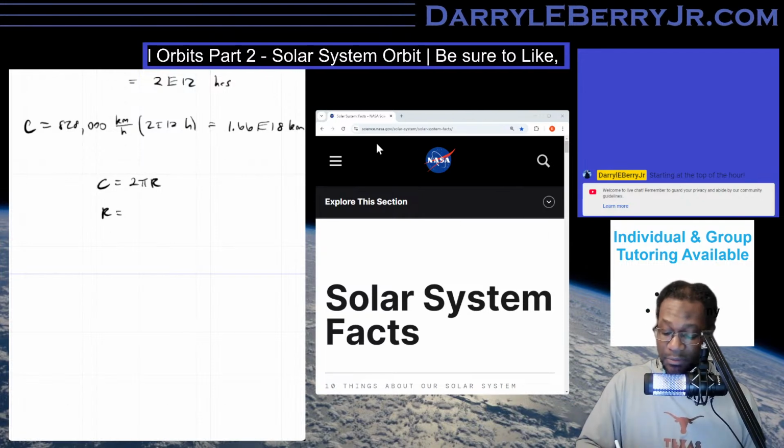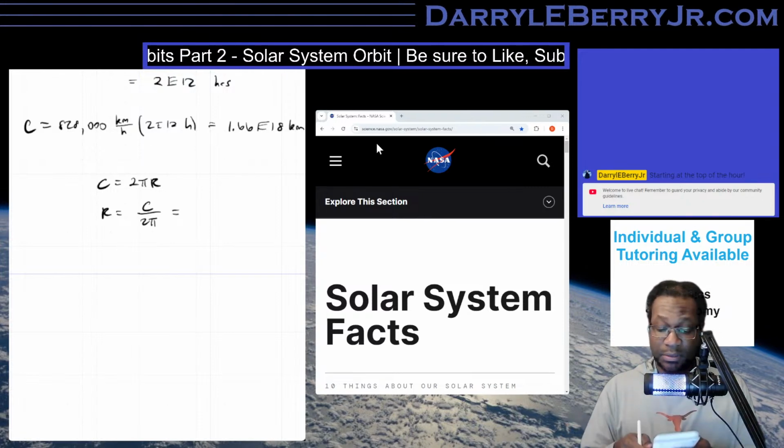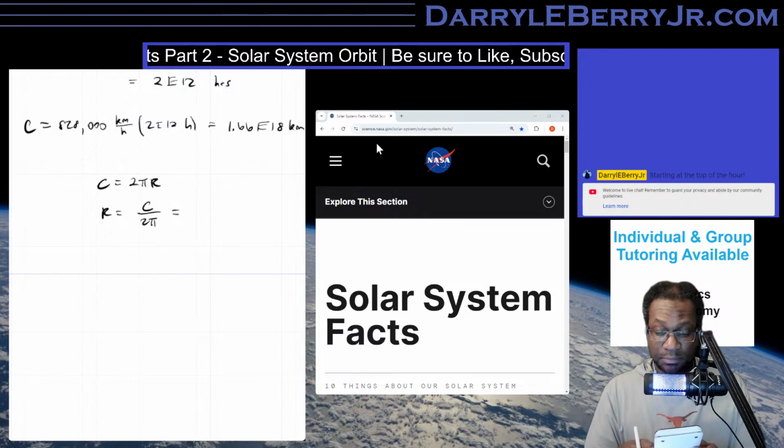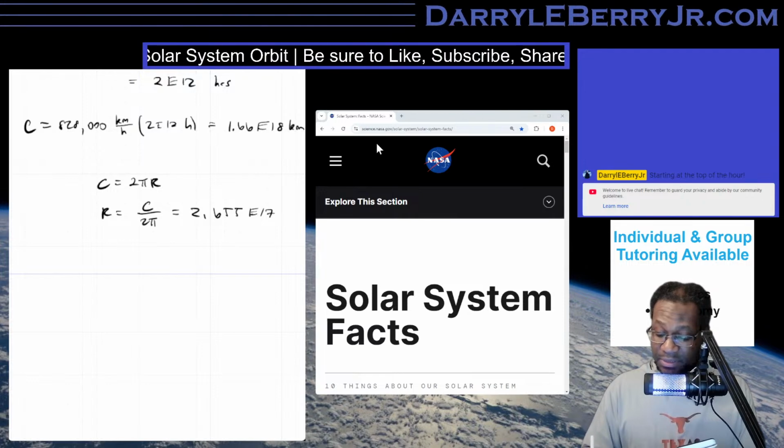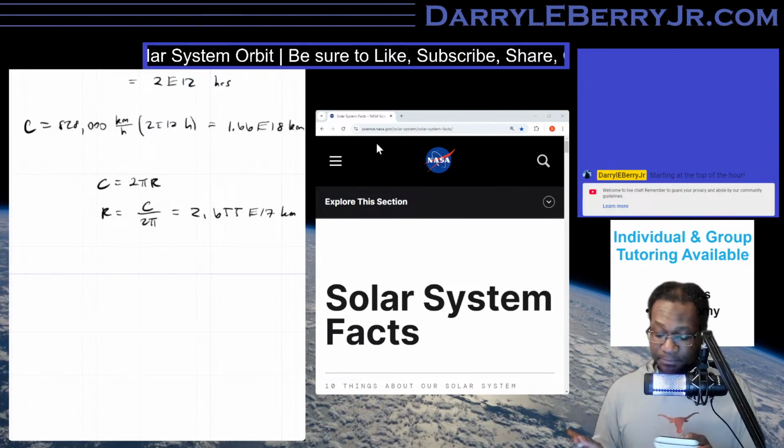So r equals C over 2 pi. That's going to be 2.655 times 10 to the 17 kilometers.